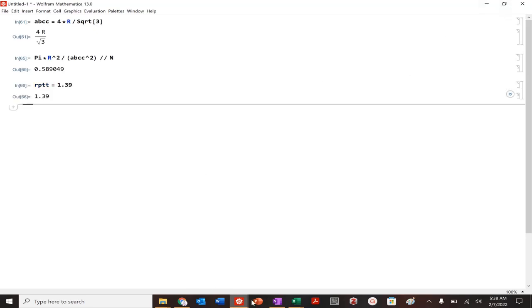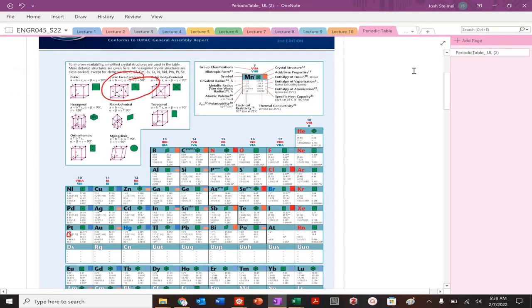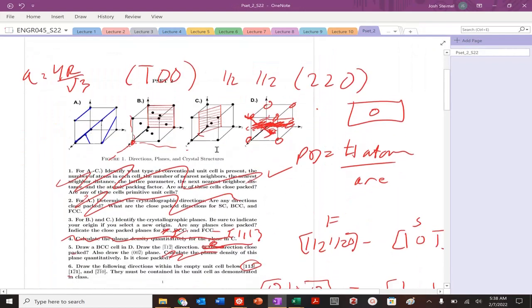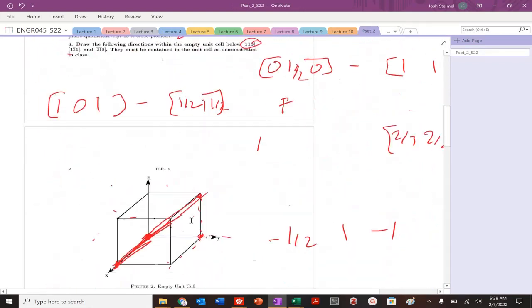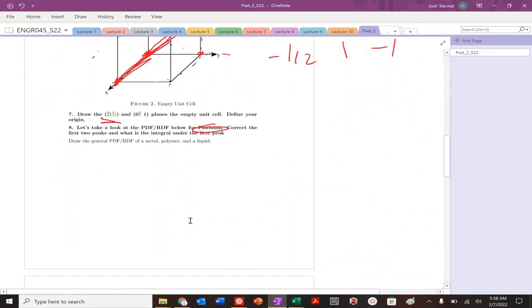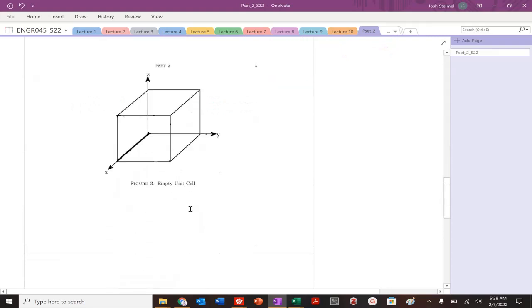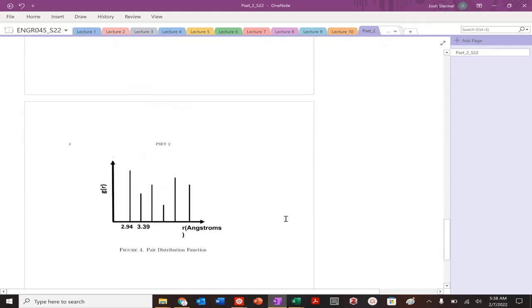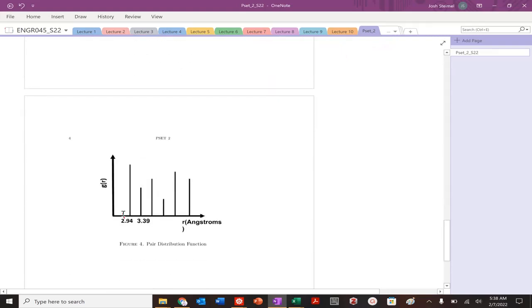So what do I know about this structure now? Platinum is FCC. That means it has 12 nearest neighbors. So the integral under the first peak must be equal to 12.